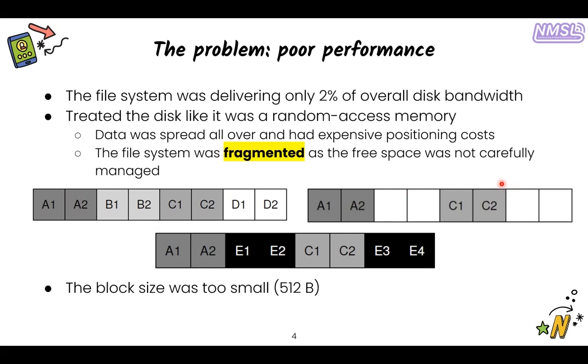Now the free space is spread out, and if E is a large file, it gets spread all over. So even to access the same file, you have to seek within that file. That's a problem. The other thing was the block size was very small, only 512 bytes, which also caused a lot of issues.